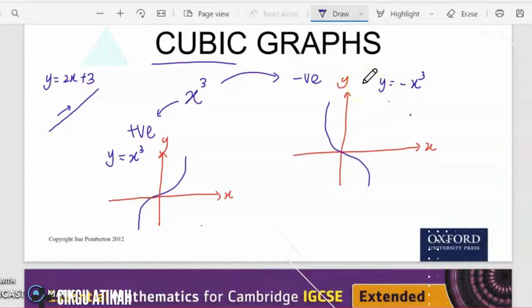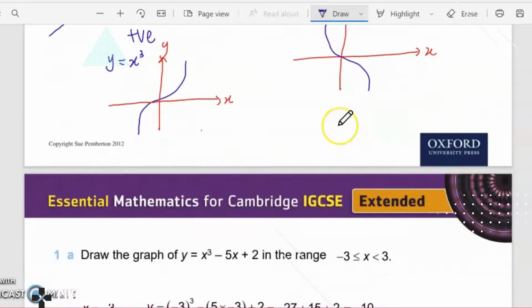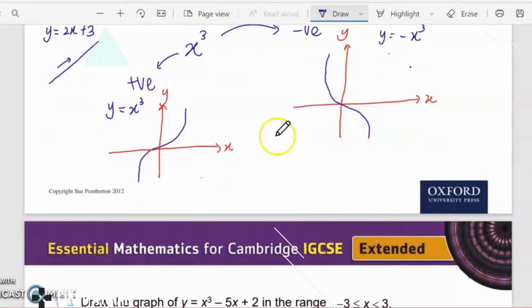In case, when you draw the graph, you can detect first whether this function is positive or negative. Let's say the function is positive. How is it positive? You know that the shape will be like this.